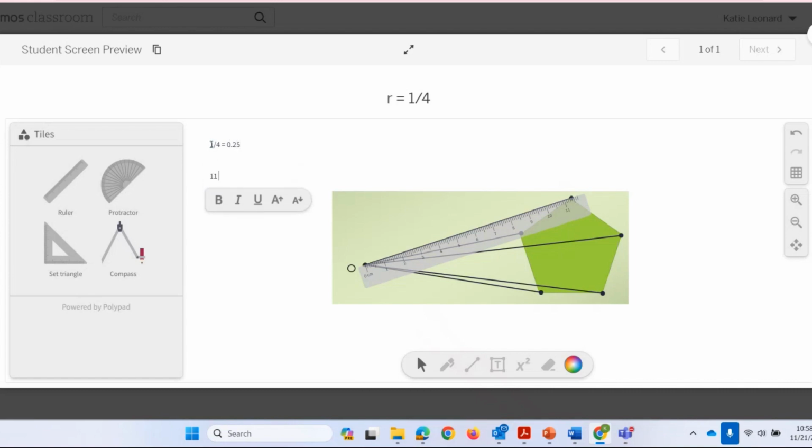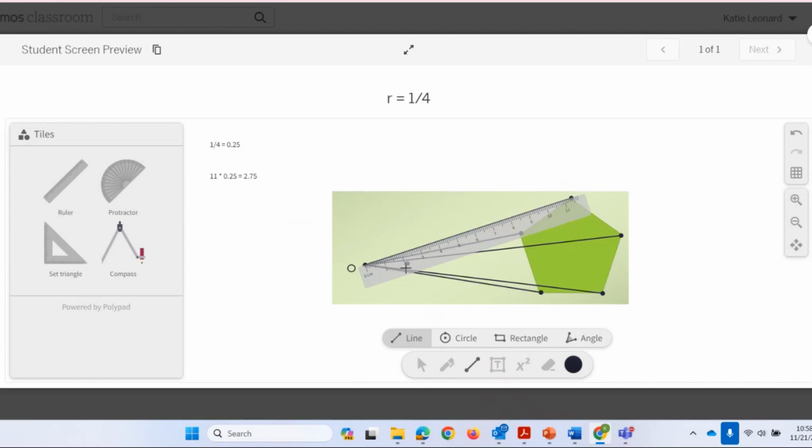I'll just write that down. So I have 11.5, and I'm going to multiply it by my scale factor. And when I do that, I get 2.75. And with that, I'm just going to take my little tool and I'm going to put a point.